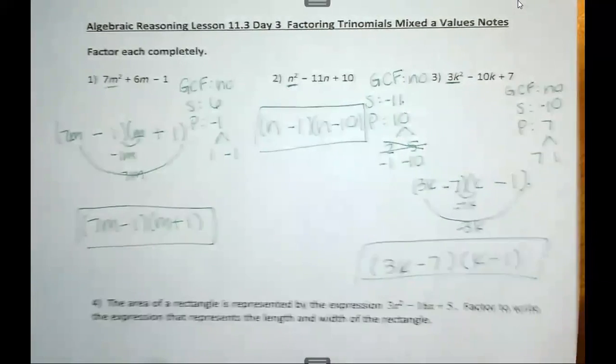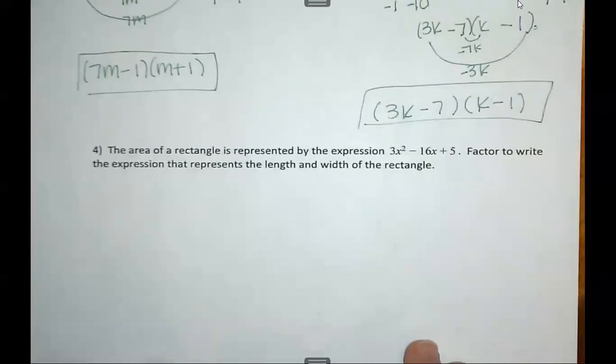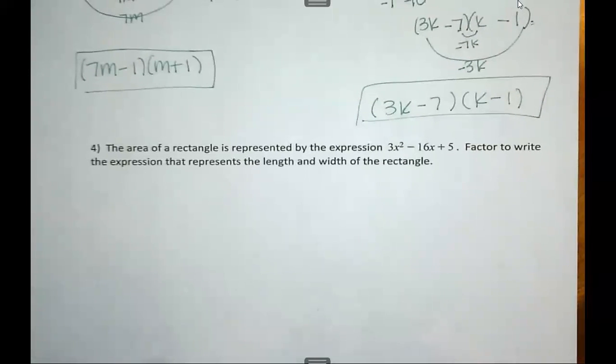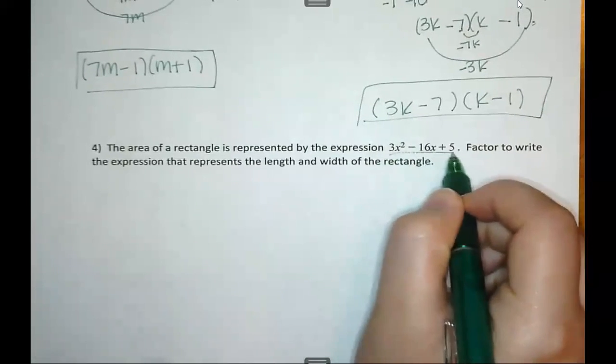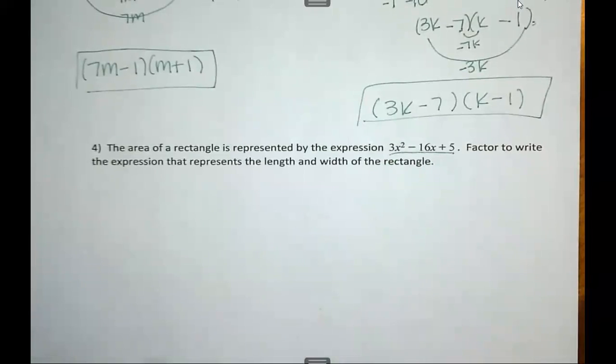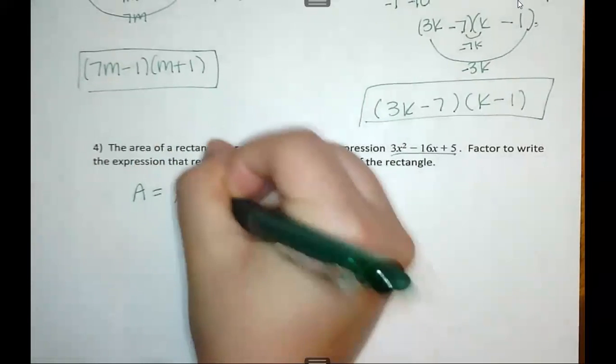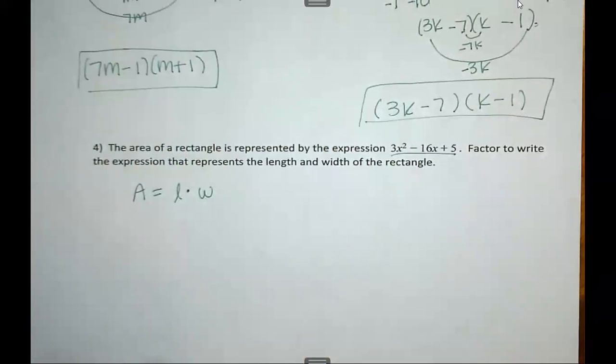All right. So a bit of a word problem here. It says the area of a rectangle is represented by this expression. Factor to write the expression that represents the length and the width of the rectangle. Well, remember, to find the area of a rectangle, our formula is length times width.